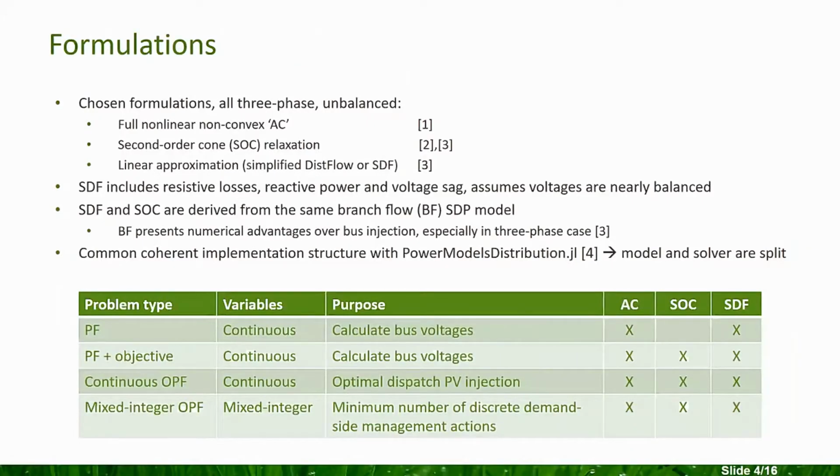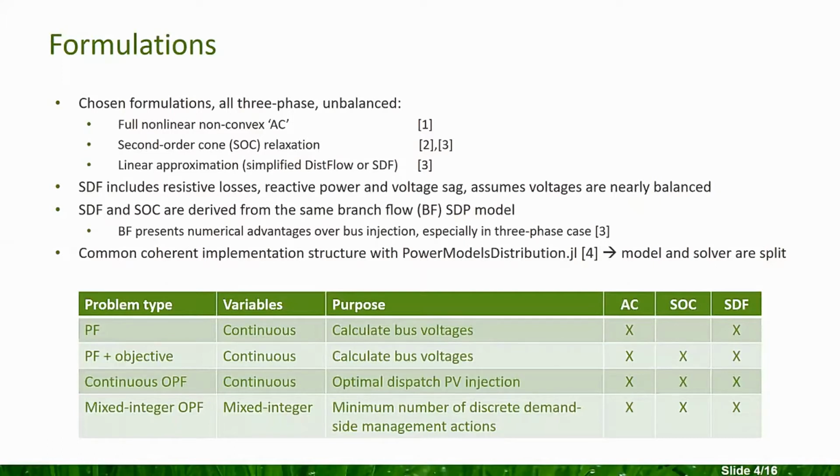The chosen formulations are a full nonlinear non-convex AC formulation used as benchmark for the two simplified ones, a second order cone relaxation, and a linear approximation, which is called SDF throughout the slides.